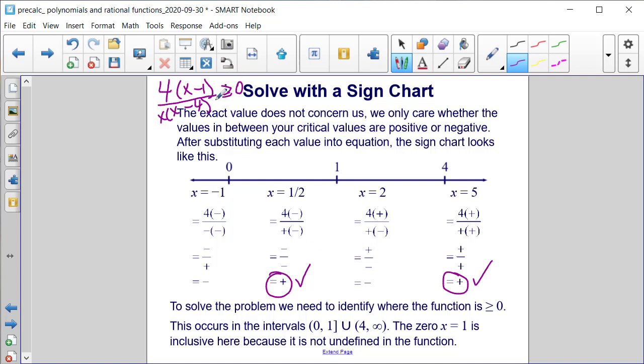It also satisfies this inequality because it's allowed to be equal to 0. So that's why we include 1 here. And then we're going to put that in union with from 4. That's an asymptote, so we do not include that endpoint value all the way up to infinity. So that's how we get this interval as our final answer to this question.